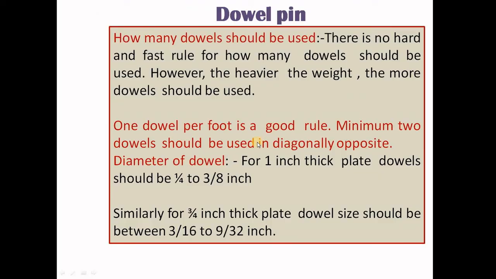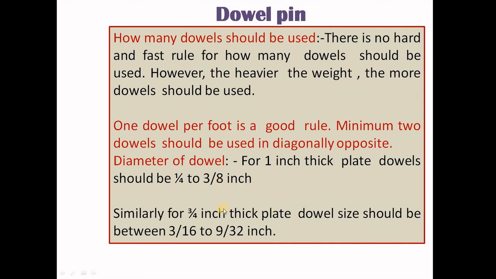Dowel pins. How many dowel pins should we use? Normally for a heavier machine, more than 2 dowel pins are used. The minimum number of dowel pins should be 2, and they should be diametrically opposite. If the plate thickness is 1 inch, then the dowel pin diameter should be 1/4 to 3/8 inch.